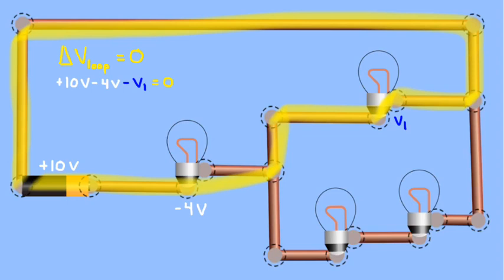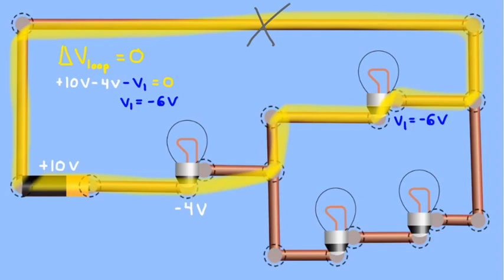Because if a charge is at this position right here, just put a random X on our circuit, no matter how many times it goes around the loop, it's always got to have that same energy due to its position at that point. So if we take 10 volts and we subtract 4 volts, then V1 has to be 6 volts lost in order for the loop rule to be obeyed and the net voltage change to equal 0.